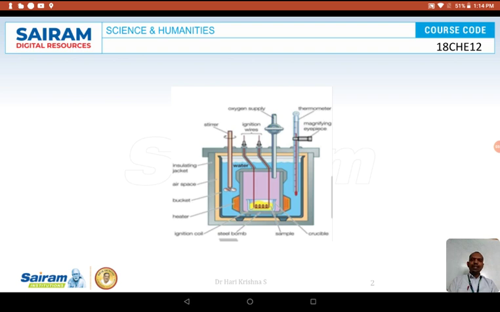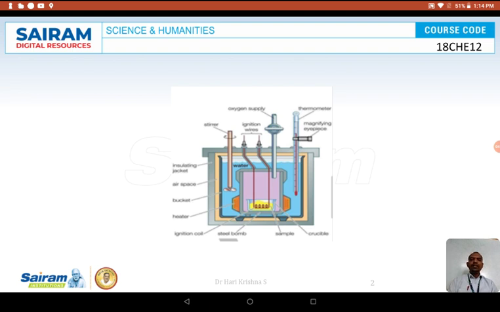Once the fuel is ignited, it undergoes combustion and energy will be liberated. As we discussed in our previous session, when the fuel undergoes combustion, carbon dioxide, water and energy are liberated. Carbon dioxide and water escape into the atmosphere.